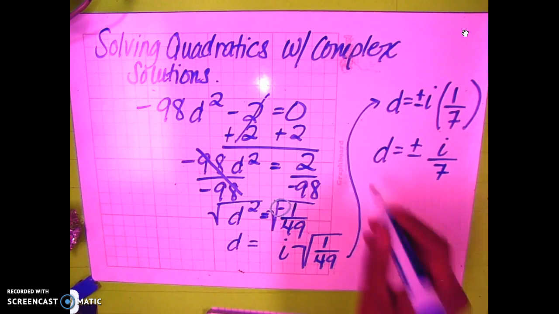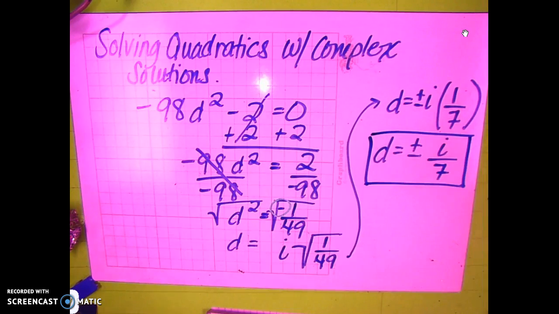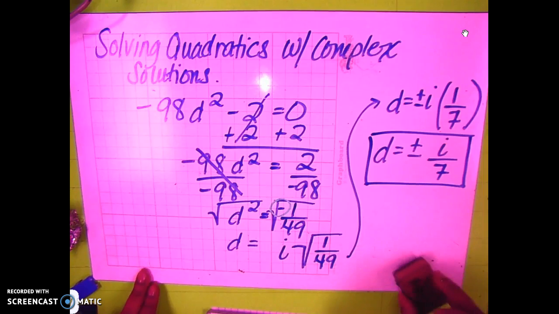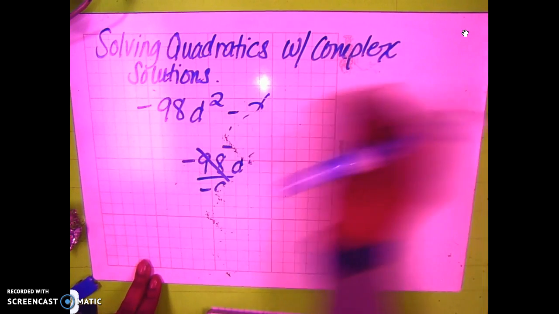So this is what our final answer looks like: d equals plus or minus i over 7. If you need to go back and look at that, pause or rewind the video, and I'm going to go on to the next example.